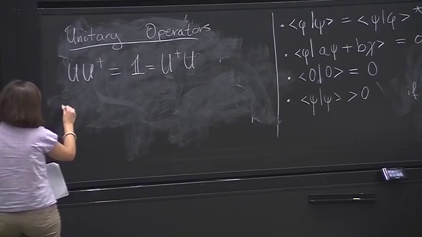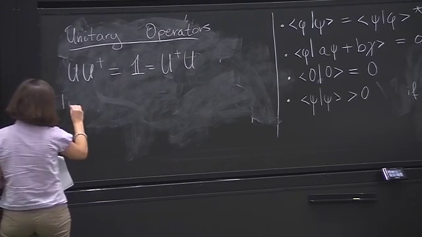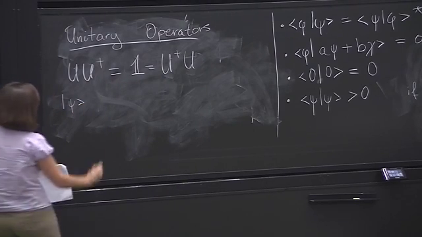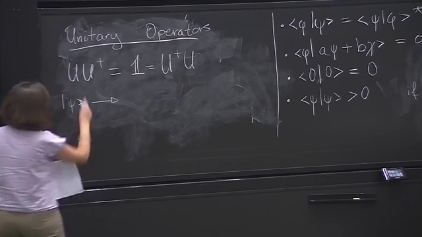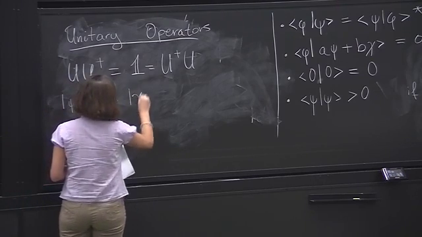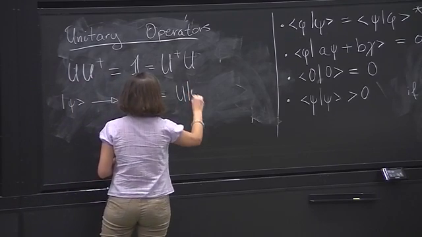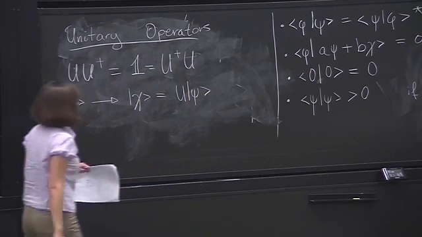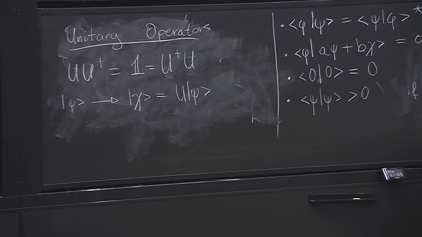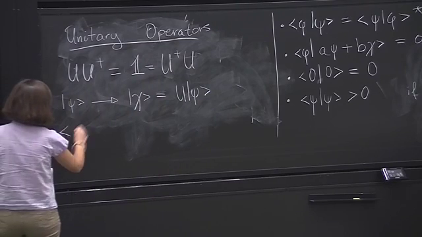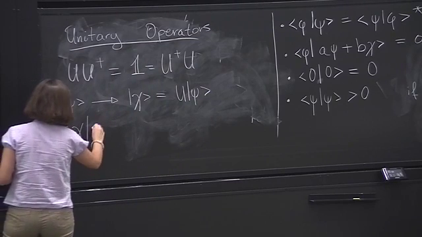So if we start from a state psi and we act on it with a unitary operator, this takes us to chi equals u times psi. And now what is the norm of this state?